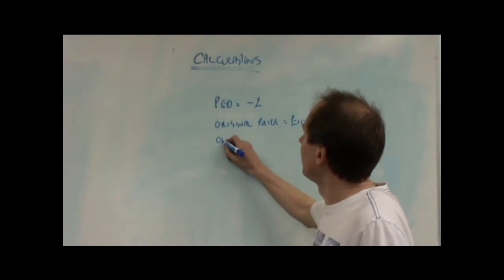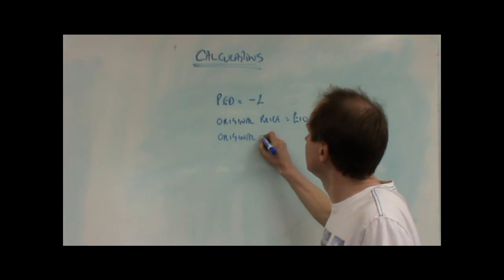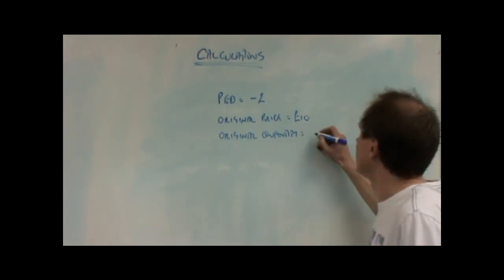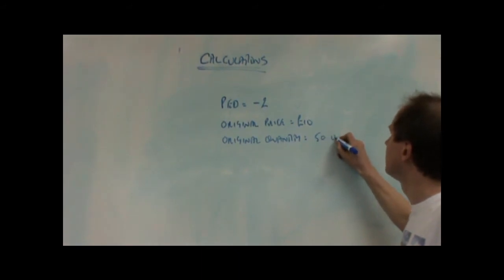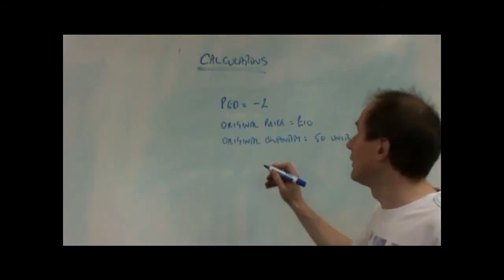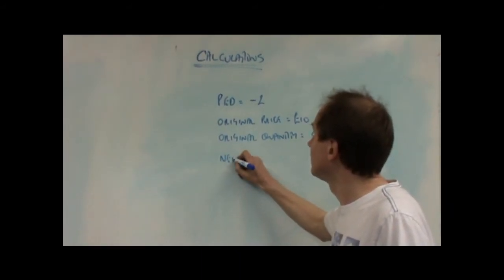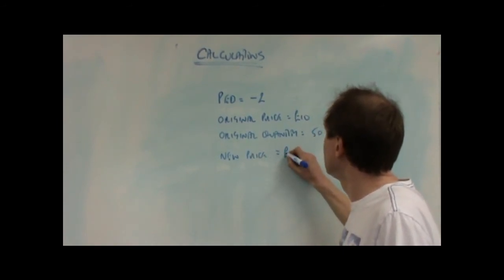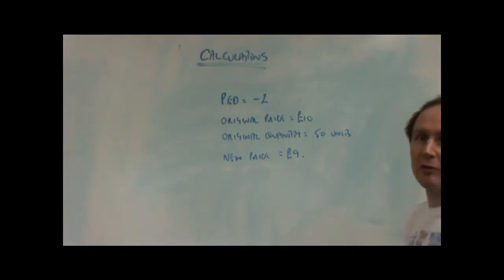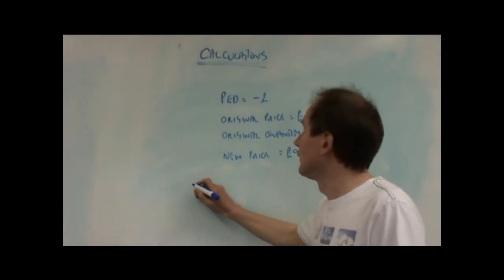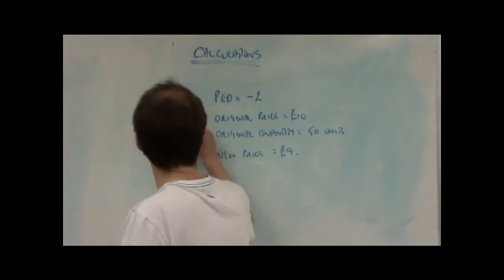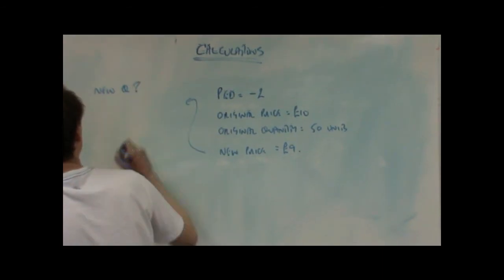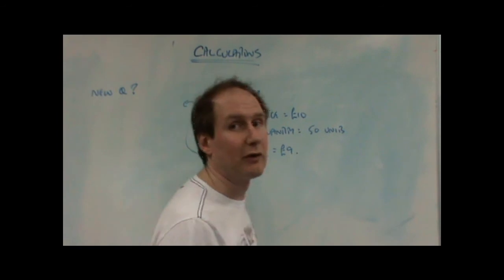They'll tell you that the original quantity was 50 units. And then they'll say there is a new price of £9. And what they might say is, what is the new quantity going to be? And how much revenue will the firm get?